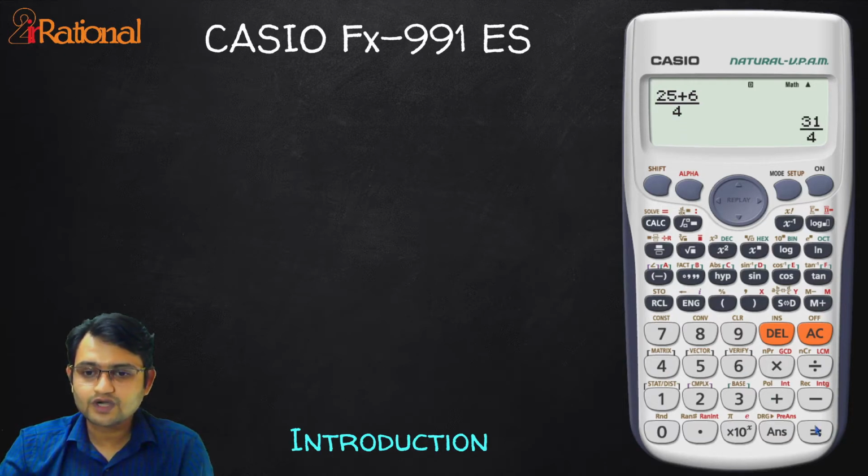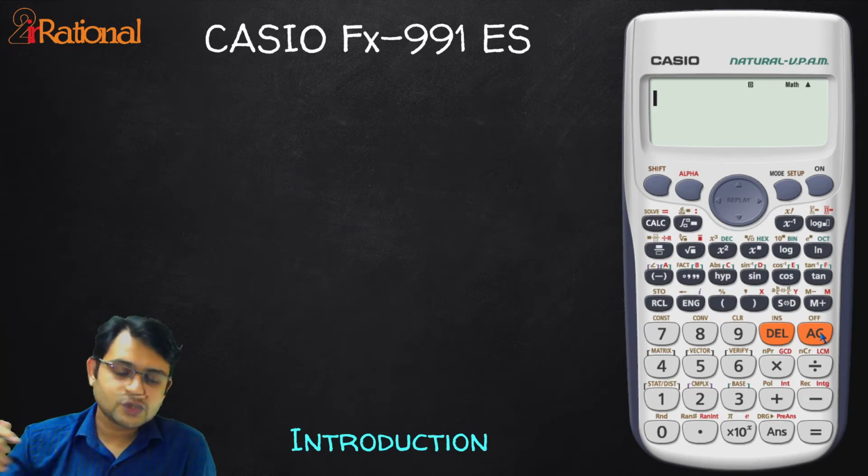If I press equal to, I get again a fraction answer. This is the lowest fraction. If I want it, I will press SD and I will get it in decimal, 7.75. If you want it in mixed fraction, you can press shift and then this SD button, and you can see that you get it as a mixed fraction answer, 7 3/4.